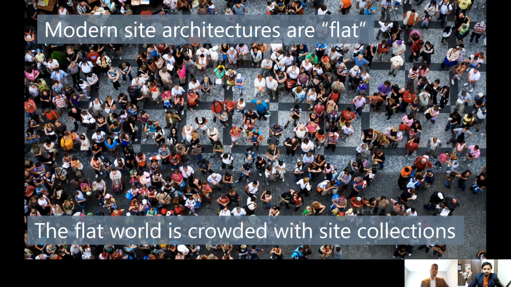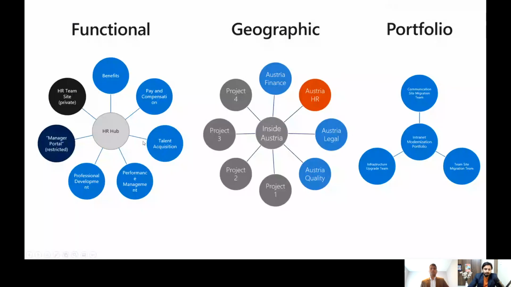So the new modern SharePoint looks like, hey, you are having a hub, right? And these are the initial benefits. Talent acquisition are the sites that are there. But you think, hey, maybe a manager portal I wanted to restrict, maybe the HR team site will be private.